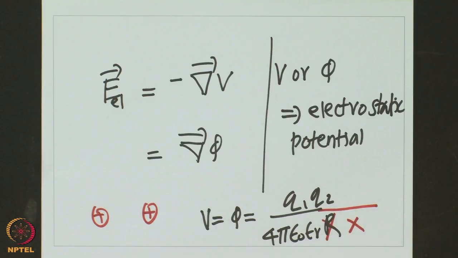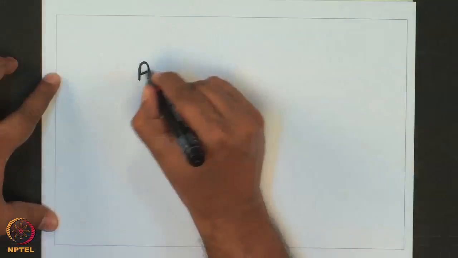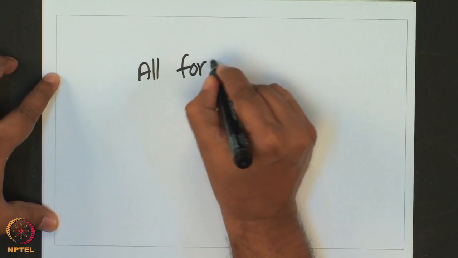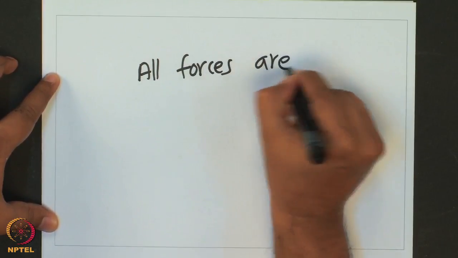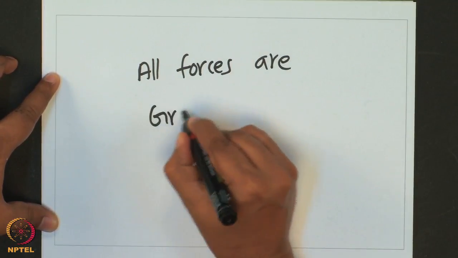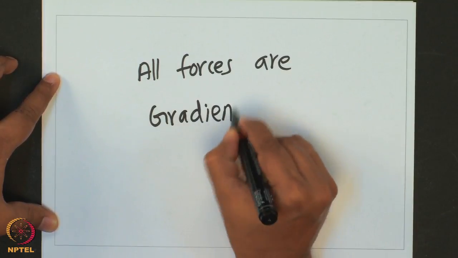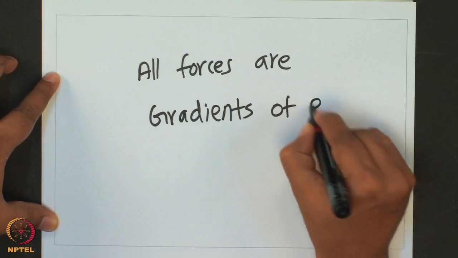So basically what we are learning now is that all forces are gradients of energy. This is an important thing that all of you should understand. All forces can be written as a gradient of energy.